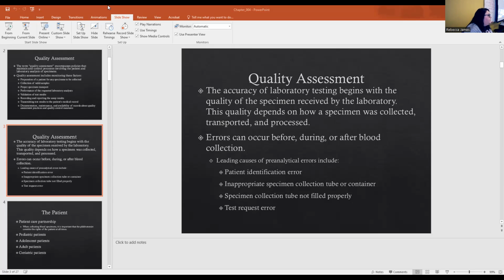You cannot perform any testing on a hemolyzed sample because what you're doing with these tubes is you're doing chemistry tests, okay? And it can affect chemistry results.